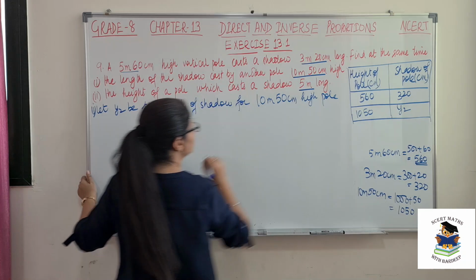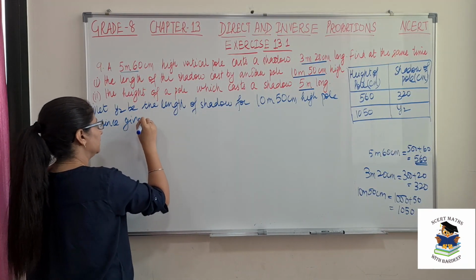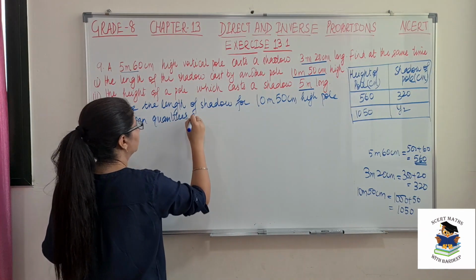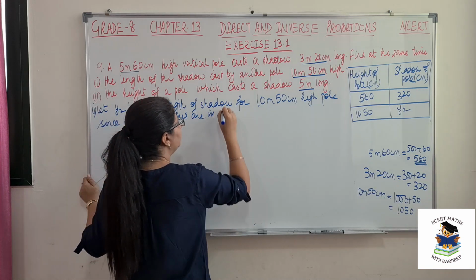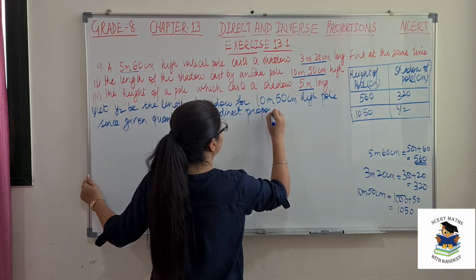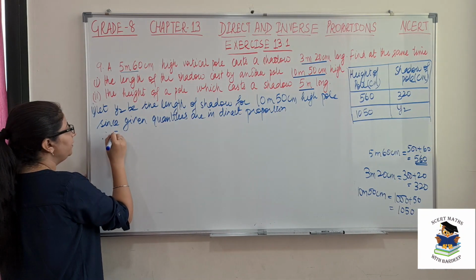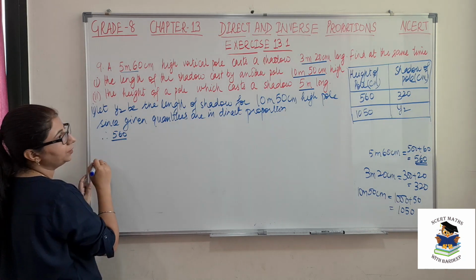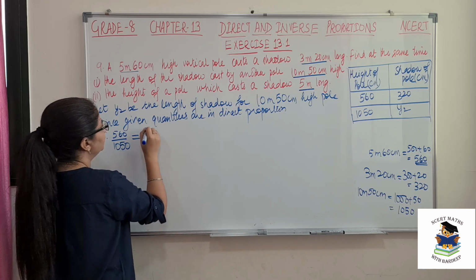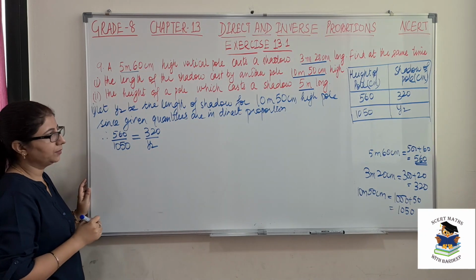Since given quantities are in direct proportion, therefore 560 over 1050 is equal to 320 over y2, right?